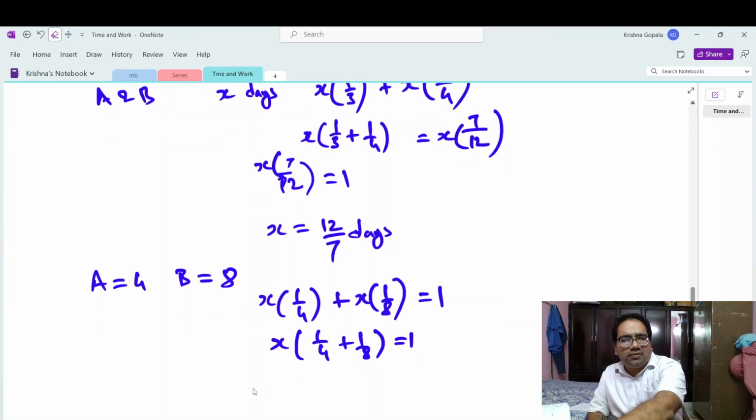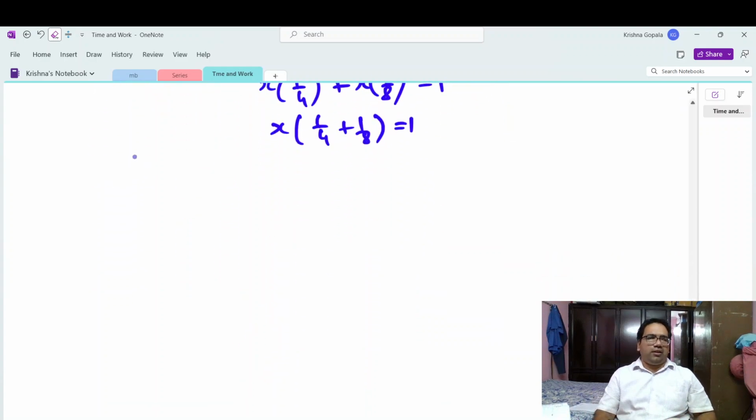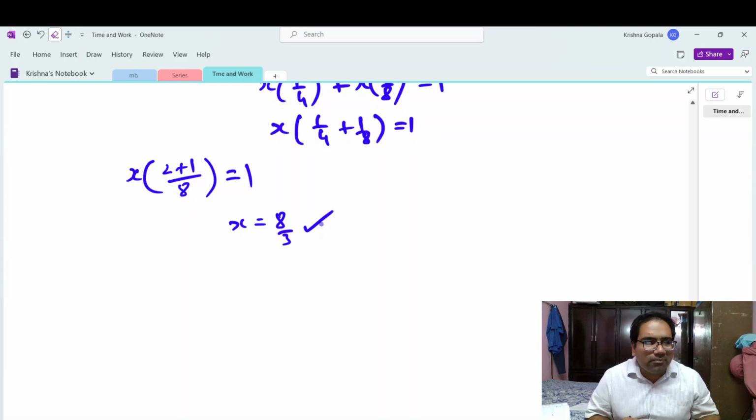That means X into 2 plus 1 by 8 equals 1, so X is 8 by 3. In these many days, they will complete the work together.